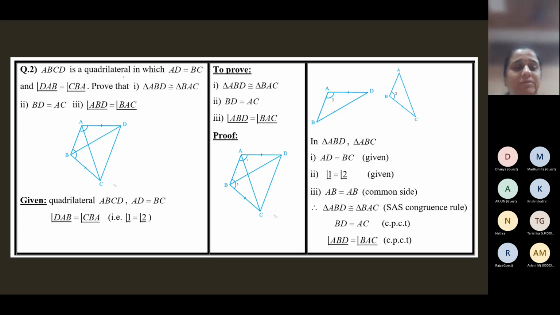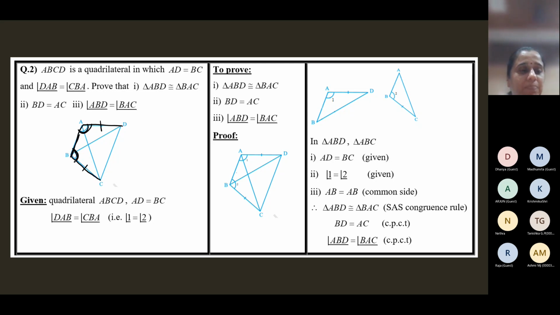So you can see here ABCD. I'm not explaining the proof, we'll just see what's given. ABCD is a quadrilateral in which AD is equal to BC, and angle DAB, this full angle, is equal to angle CBA.